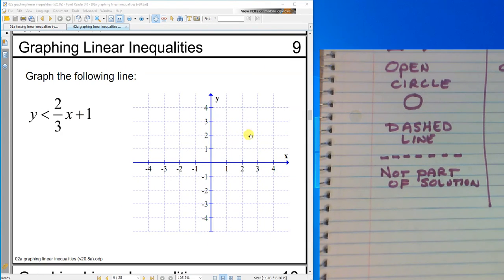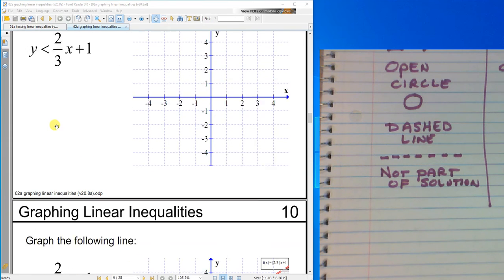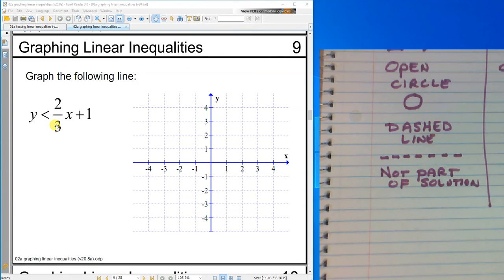So when I look at this guy right here, is it going to be solid or dashed? It's going to be a dashed line. So we're going to graph this in our notes.